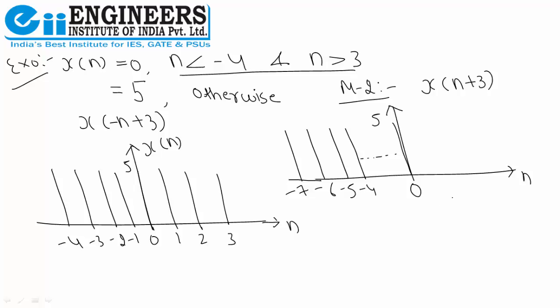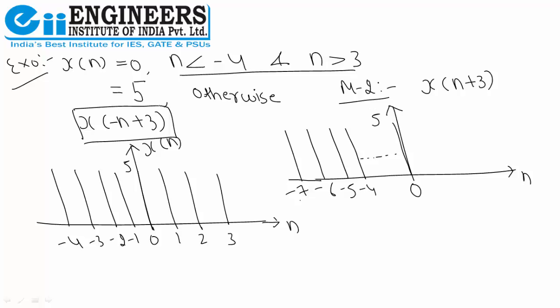Now if I want to draw x[-n+3], I just need to reverse, because with n there is a minus sign, and minus sign means a reverse operation. So minus 7 will become plus 7, minus 6 will become plus 6, minus 5 will become plus 5, and so on. So my x[-n+3] signal will be available from 0 to 7, with the amplitude of 5.